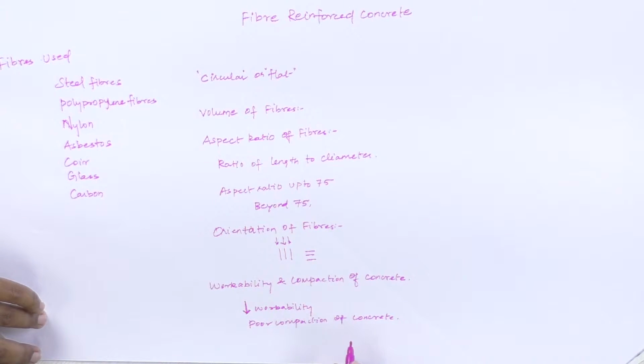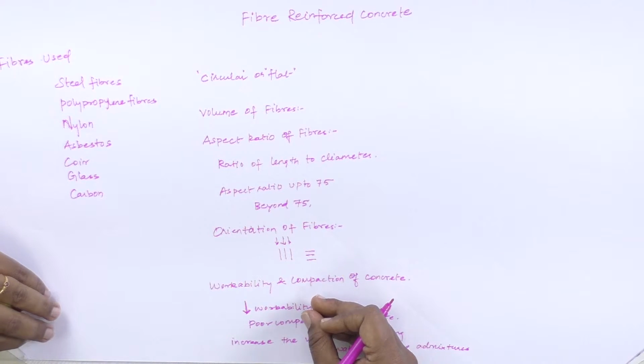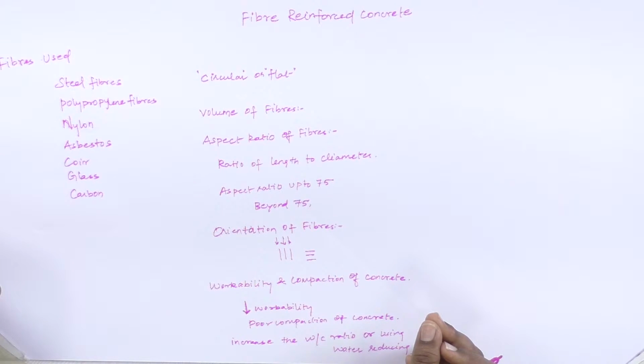To overcome this, we can either increase the water cement ratio, or we can use water reducing admixtures. By doing so, we can increase the workability of the fiber reinforced concrete.